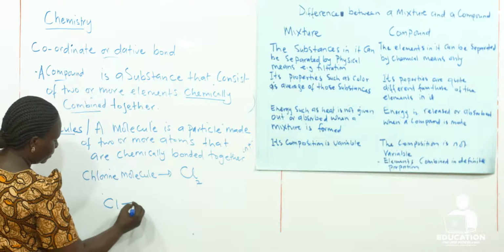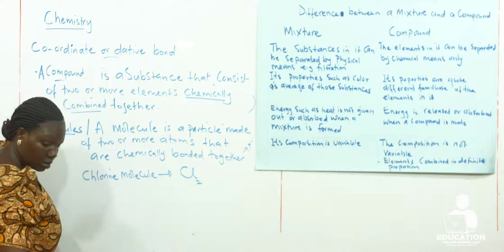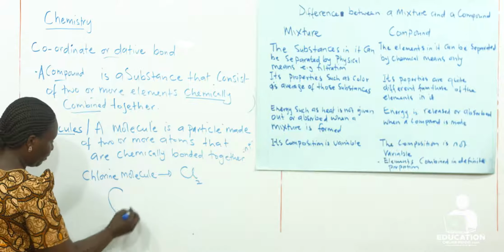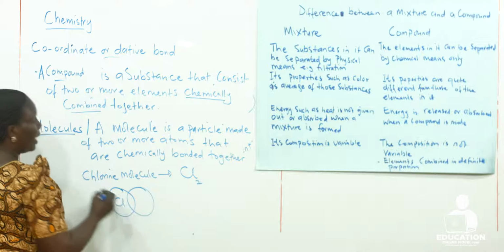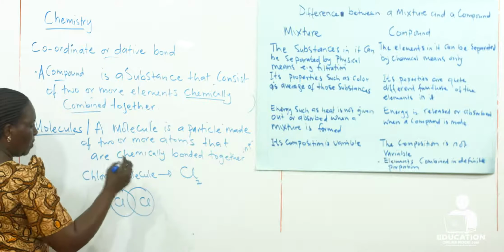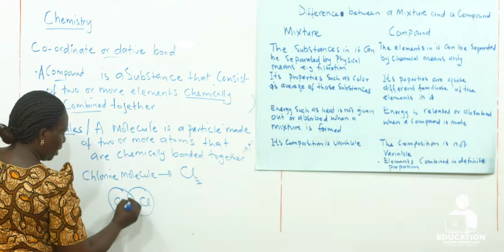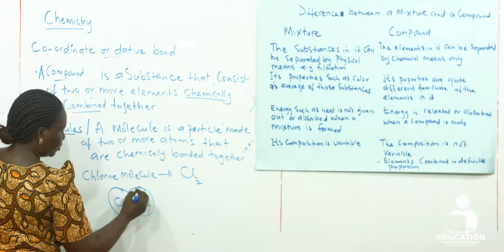That is, we have 2 atoms of chlorine chemically bonded together. So they are bonded through covalent bond. Each one will contribute 1 electron. 1, 2.